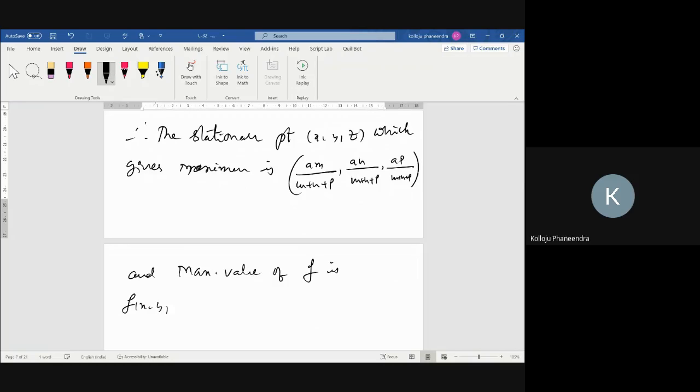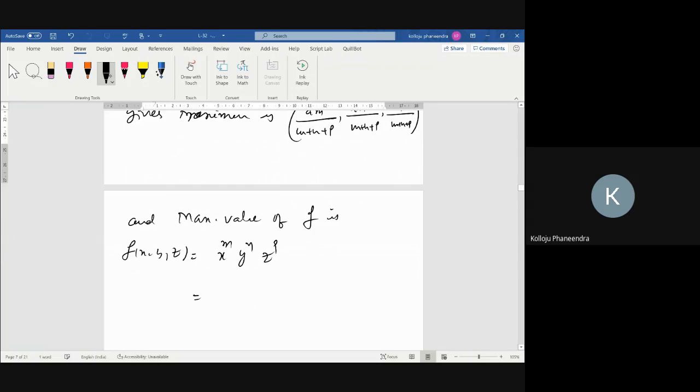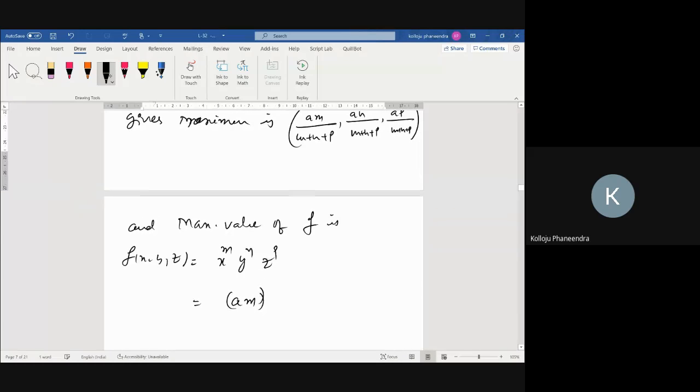f of x, y, z. What is the function given as? x to the power of m, y to the power of n, z to the power of p. And substitute this x value. That is am whole power m by m plus n plus p whole power m.